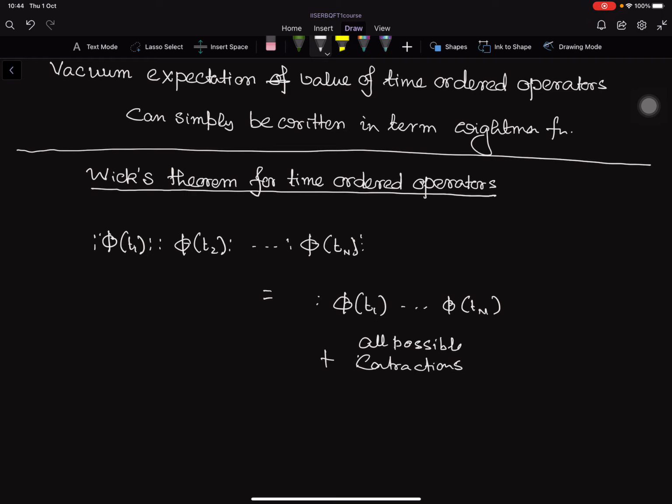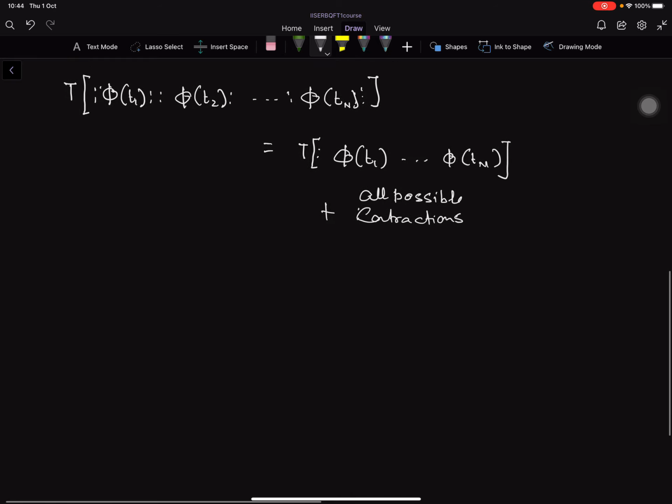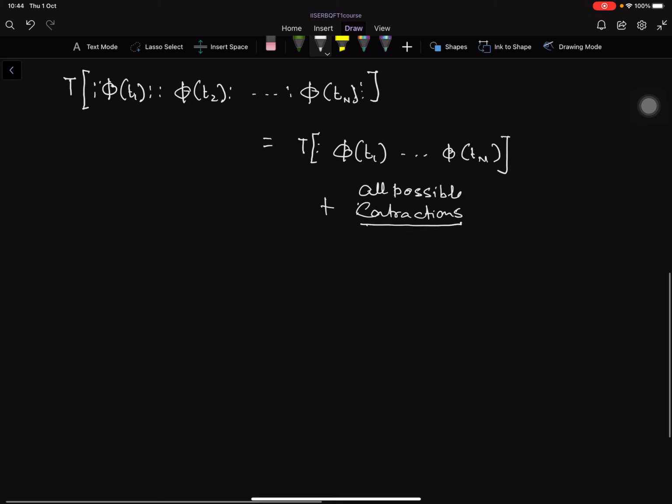The thing is that if you now put time ordering here, then this becomes time ordered, and the contraction just follows from the definition.